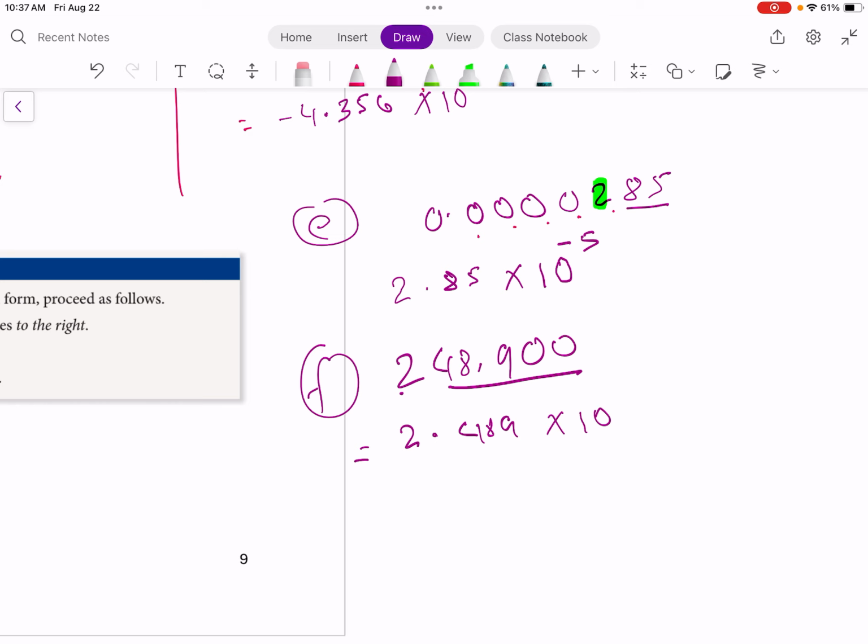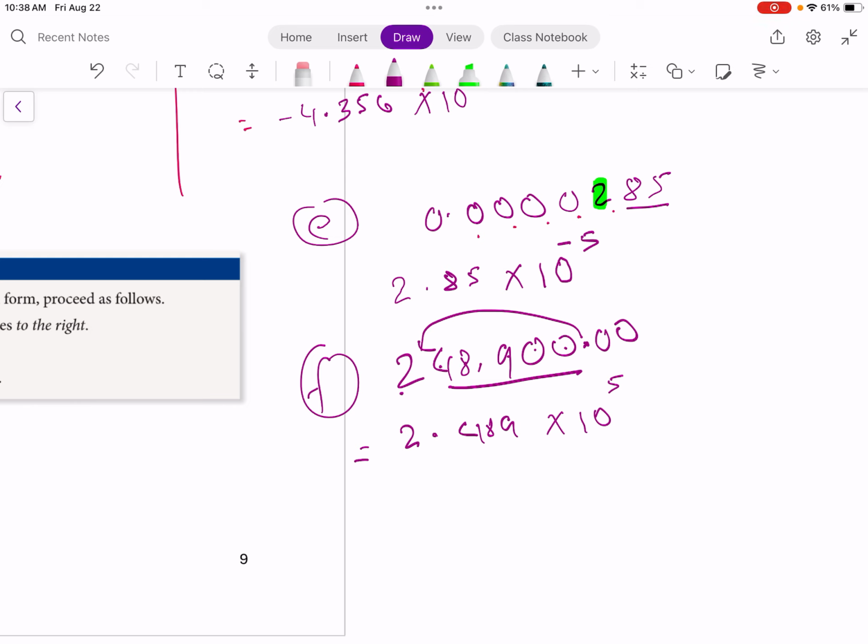Now how far are we moving the decimal? You don't see a decimal here, but we can rewrite this as 248,900.0, right? So you are moving from here to here. 1 2 3 4 5, we are moving left, so it would be positive 5. This is the case when we have a very big number. Again, it makes it very easy to write down a very small or very big number.